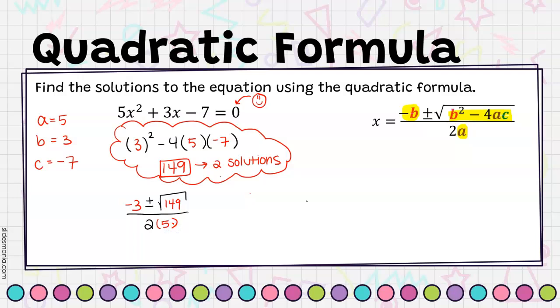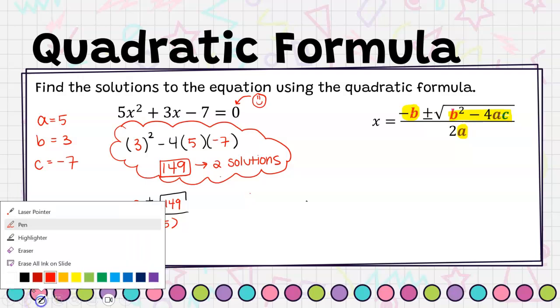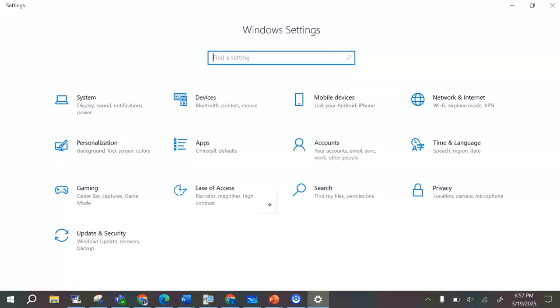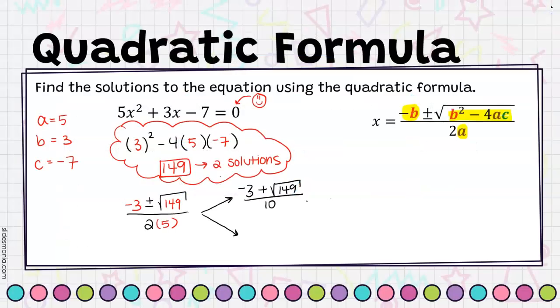From here, you are just doing a lot of simplification. Sometimes the answers are going to be nice, and sometimes the answers are not going to be so nice. What I do to start is split this into 2 separate problems. One of them is going to be -3 plus the square root of 149 divided by 10, because 2 times 5 is 10.